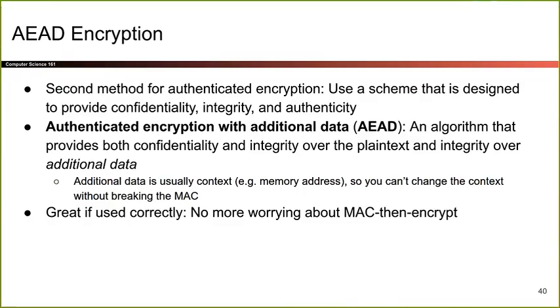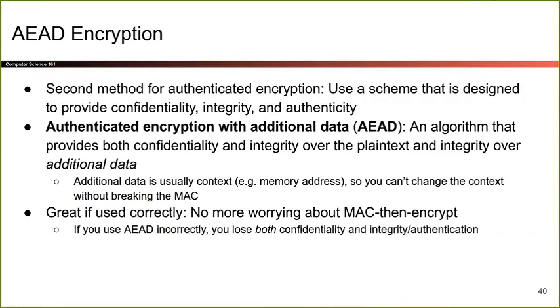Now, if you use this correctly, that's great, right? I don't even have to worry about MAC-then-encrypt or encrypt-and-MAC or key reuse. I can just throw all that out the window because I just use this one algorithm and I get all three. That's great. So why not just use AEAD forever? Why even think about CBC and stuff? Well, AEAD is a single algorithm, so it has a very subtle problem, or not so subtle, which is that, guess what? If you screw up, you lose both.